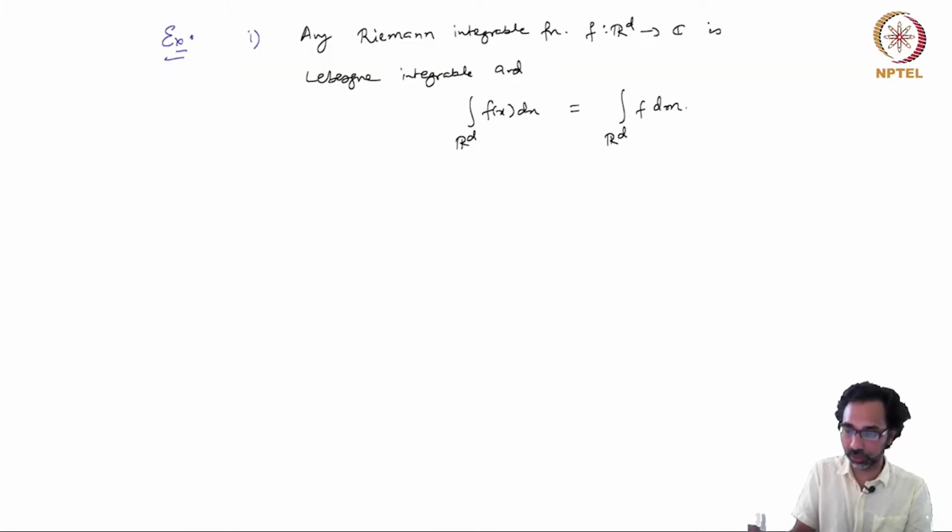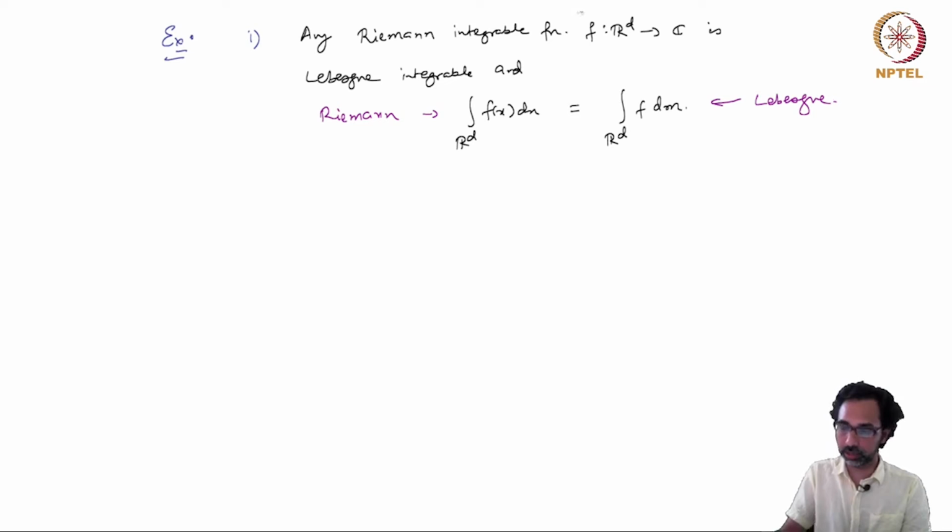On the left hand side we have the Riemann integral, and on the right hand side we have the Lebesgue integral. The Lebesgue integral can be seen as a generalization of the Riemann integral, and if f is Riemann integrable, then it is Lebesgue integrable, and the two concepts agree for Riemann integrable functions.